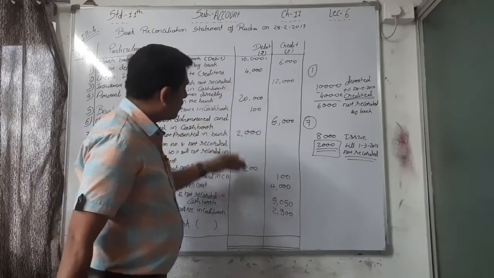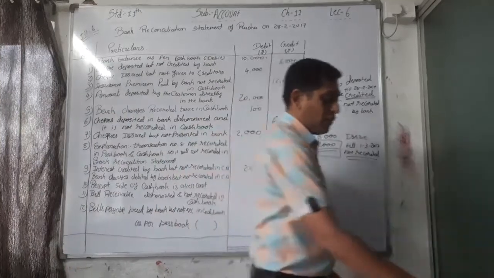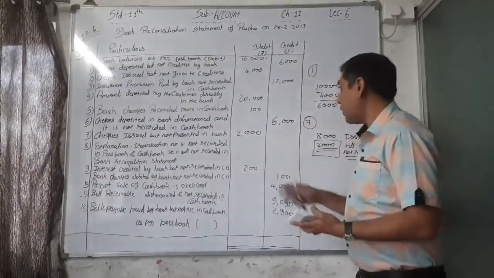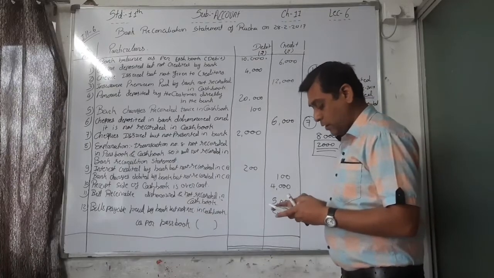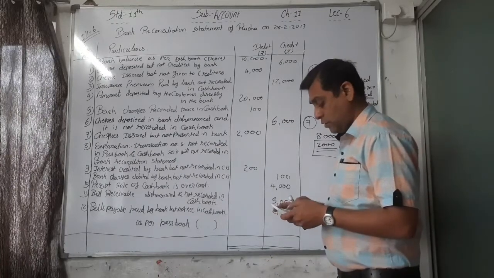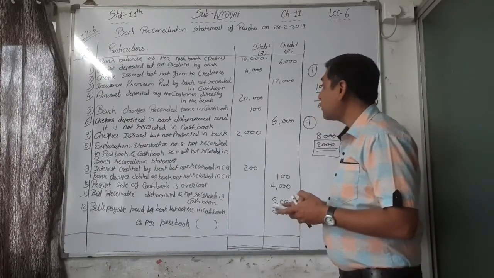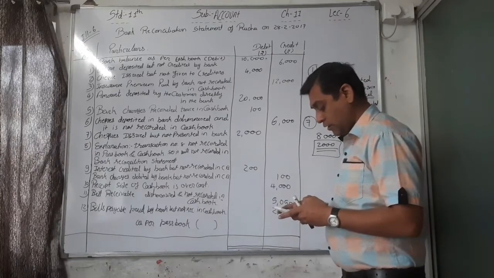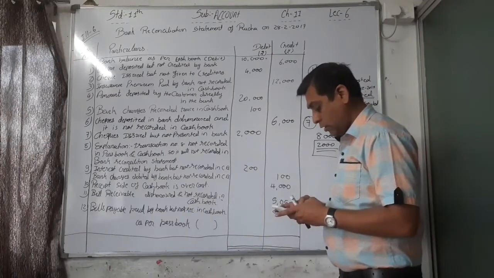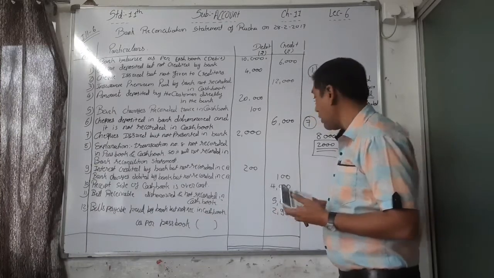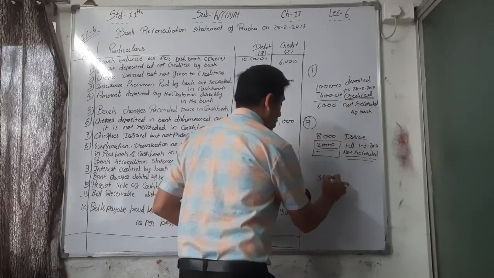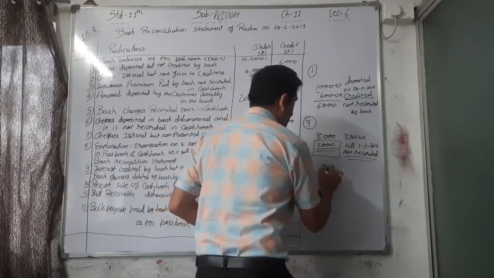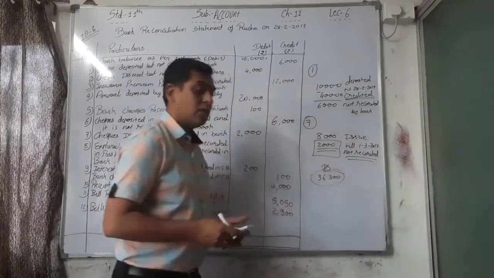Okay, but we have to see the nearest one, that's why we have to make the total on both the sides. 10,000 plus 4,000 plus 20,000 plus 100 plus 2,000 plus 200. The amount is 36,300. On the debit side, the total is 36,300.